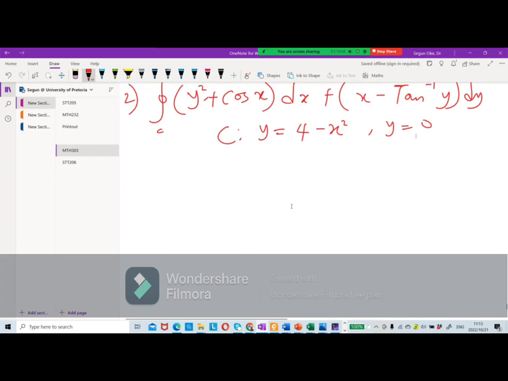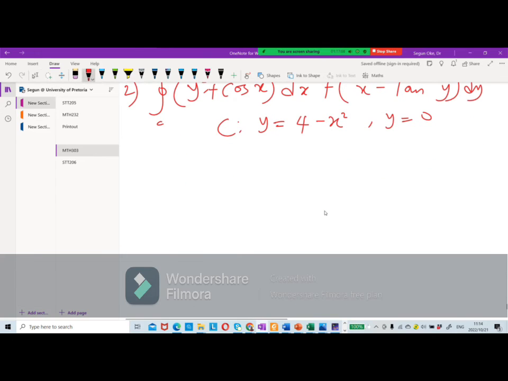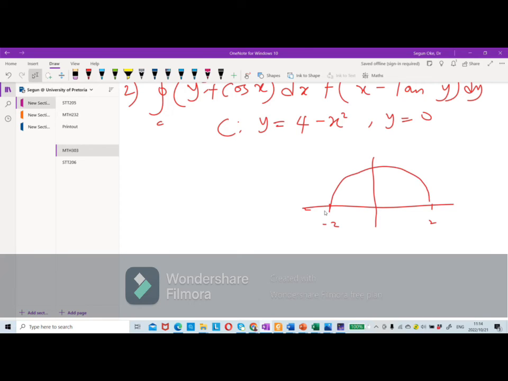Now, in this case, how do we solve this one? Our boundary is quadratic, right? So the nature will be in quadratic form, which is from -2 to +2. It can move from here to this place, moving from here to the other side.